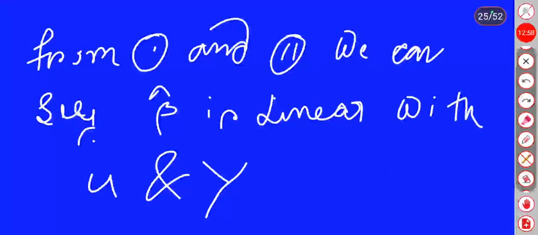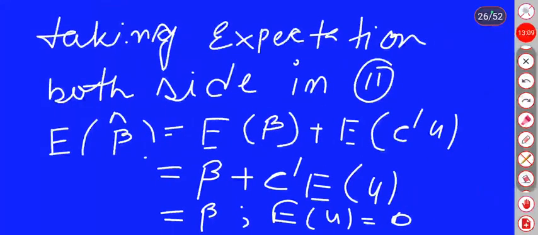From 1 and 2 we can say that beta hat is linear in u and y. U means the error term and y is the explained variable. Taking expectation on both sides in equation 2, the expected value of beta hat is equal to the expected value of beta plus the expected value of C transpose u, which is equal to beta plus C transpose expected value of u.